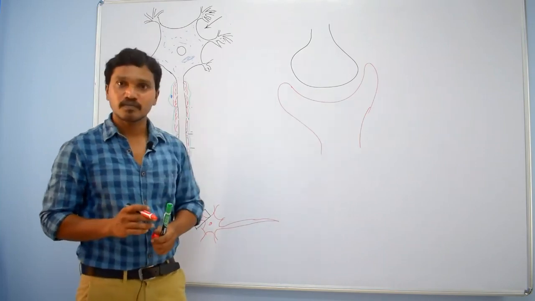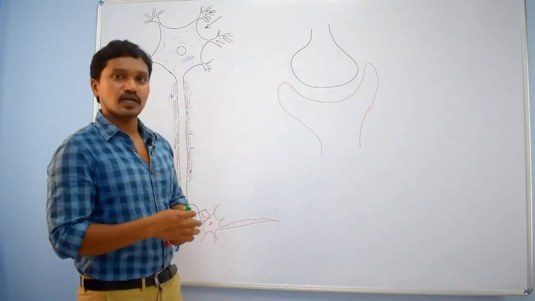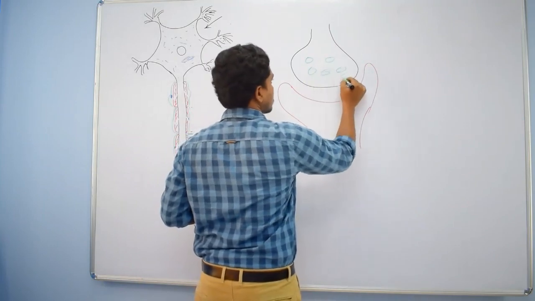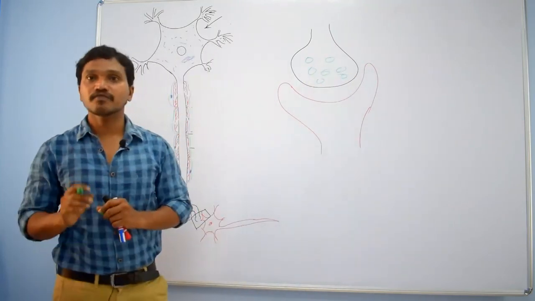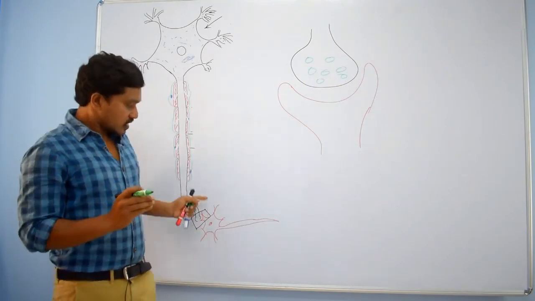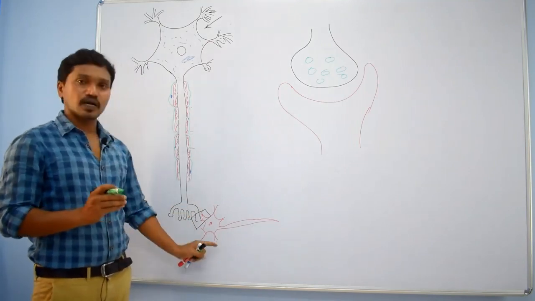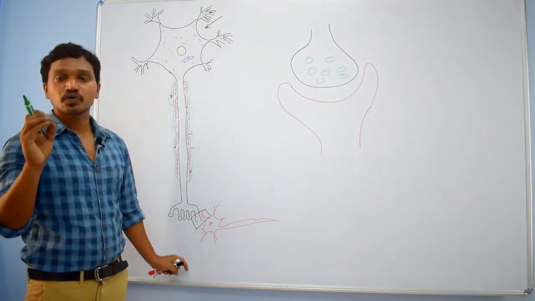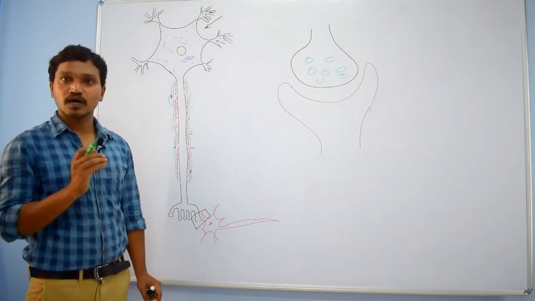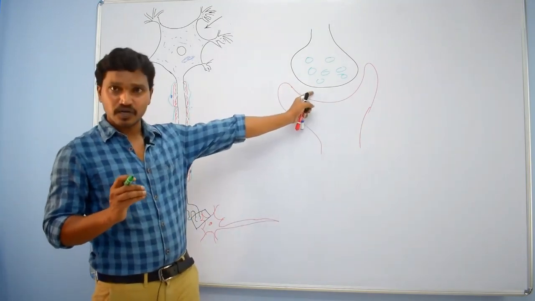Synaptic cleft. Right? So here in the presynaptic terminal we can find synaptic vesicles. These synaptic vesicles are filled with neurotransmitters. Why? Actually, these nerve impulses are transmitted from one nerve to another nerve by neurotransmitters like acetylcholine, glutamate, dopamine, GABA, right? Like this, many neurotransmitters are there.